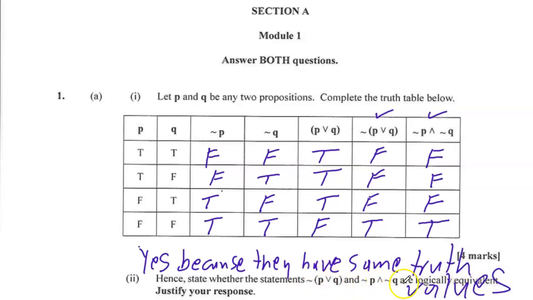Note the truth values are the exact same as they go down the rows.